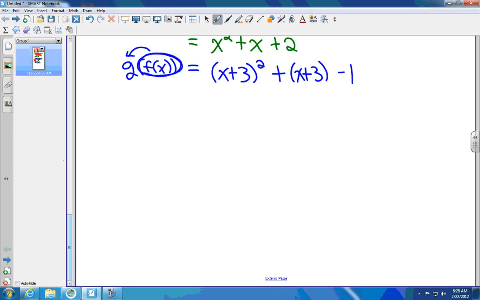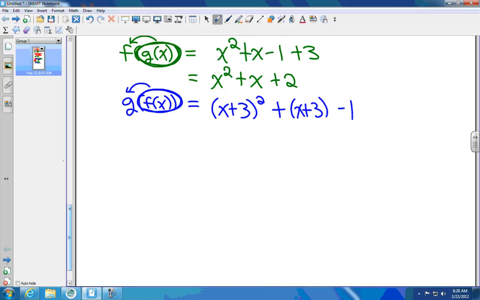And as I told you, you can either write the FOIL situation right there and then get your simplified, or what I generally like to do is write that off to the side, FOIL it, and then plug in my answer. So if we FOIL, we would have x squared plus 3x plus 3x plus 9.